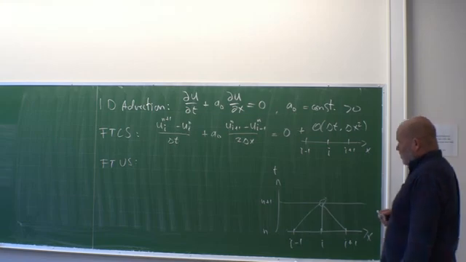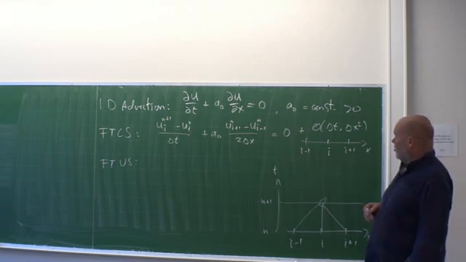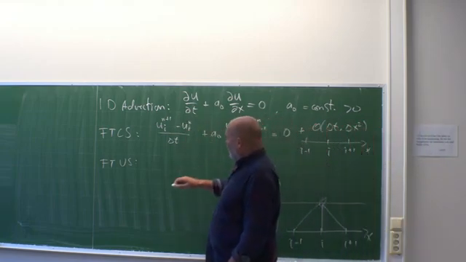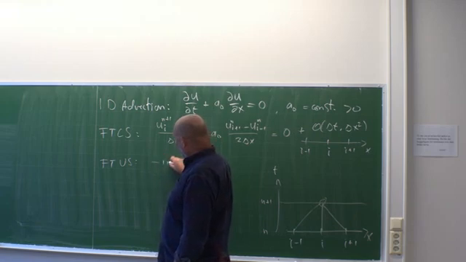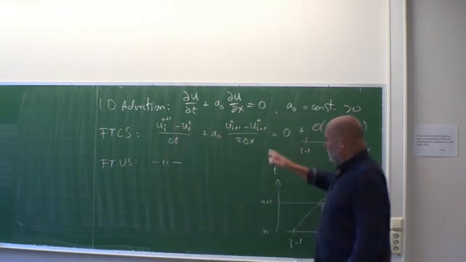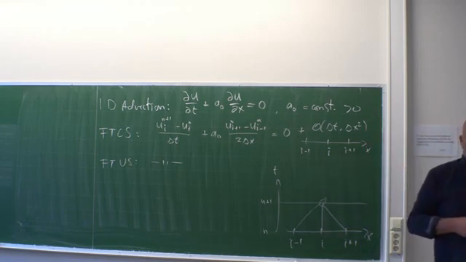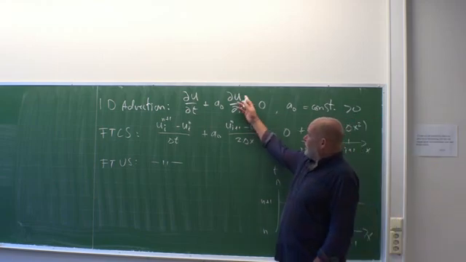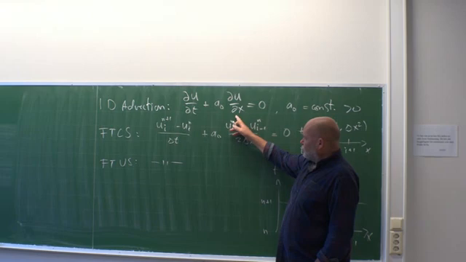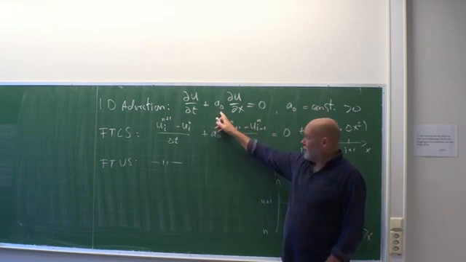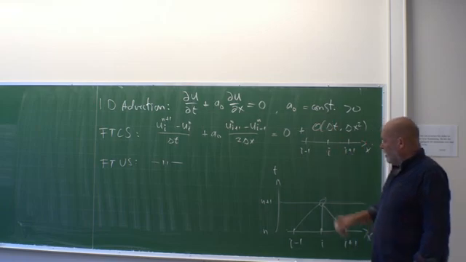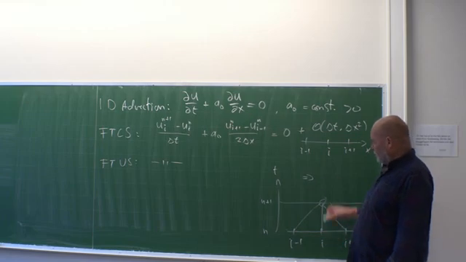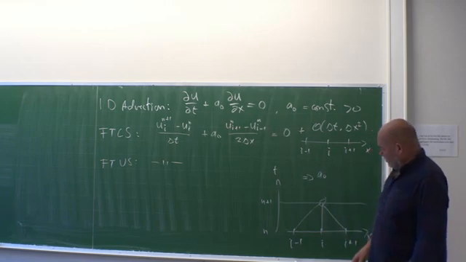For the upwind scheme, we do it a little bit differently. The time will be exactly the same, but for the space derivative, now we say that this information is traveling with a transport velocity given by this a0, and it's positive. It goes in this direction, a0 positive.